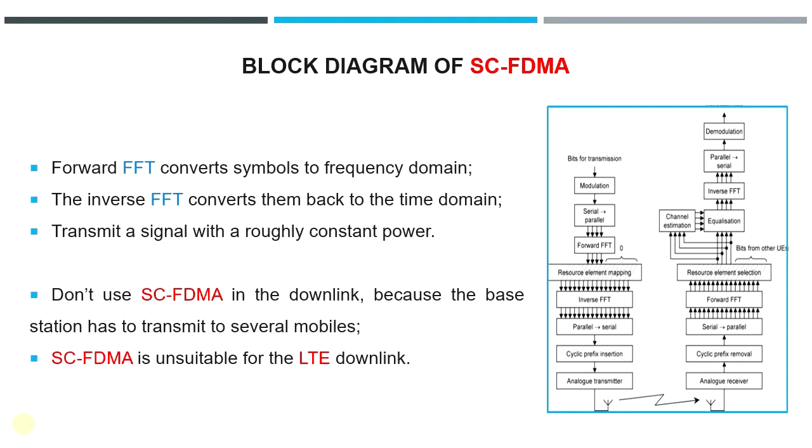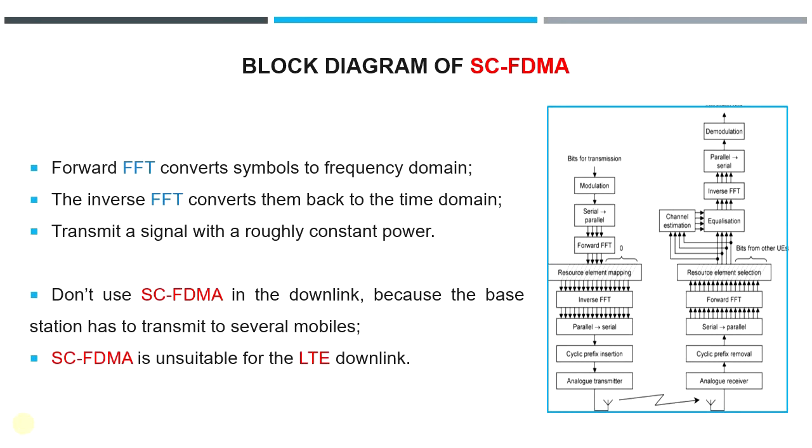If we look at this step as a whole, we can see that the transmitted signal should be much the same as the original modulated waveform, except for a shift to another center frequency. Well, we have therefore achieved the result we required, of transmitting a signal with a roughly constant power.